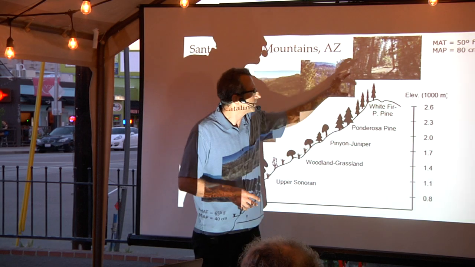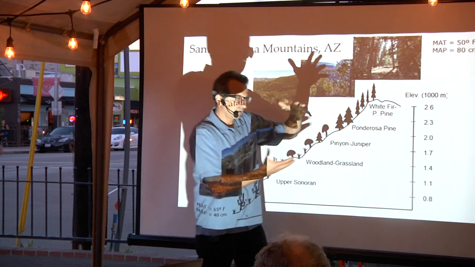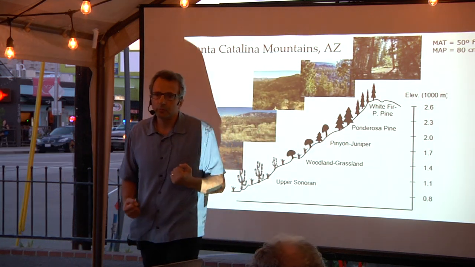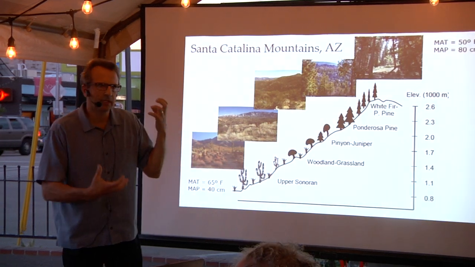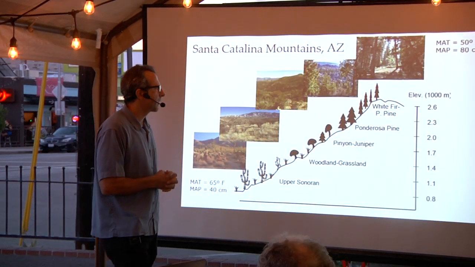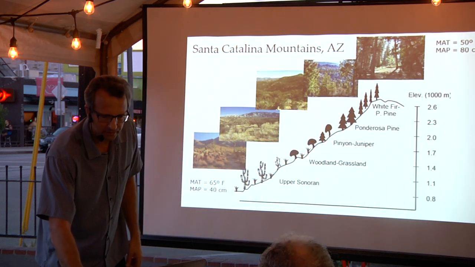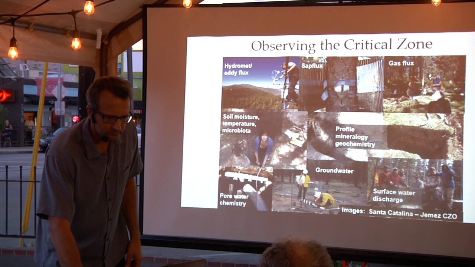And in association with that, we get this significant increase in the biomass. And associated with that as well, a deepening of the soils and an enrichment of the soils in more carbon and more carbon storage, really driven by the fact that there's a higher water availability at these higher elevations.